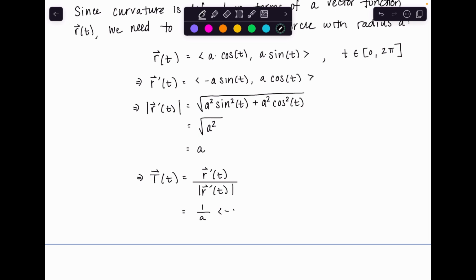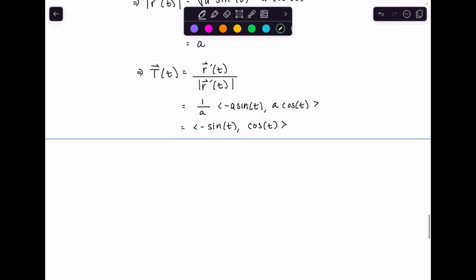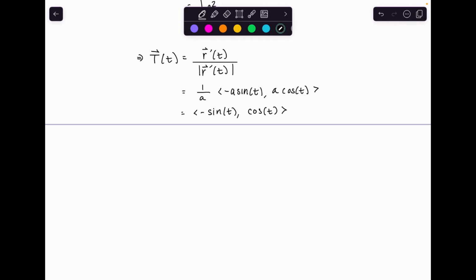It is negative a sine of t, a cosine of t. So this is r prime divided by the magnitude of r prime. All that does is cancel out the a, and it gives us negative sine of t, cosine of t, which is great because this is our unit tangent vector. And hopefully you can see that the length of this vector is 1.